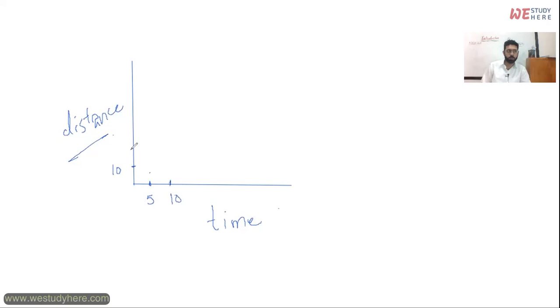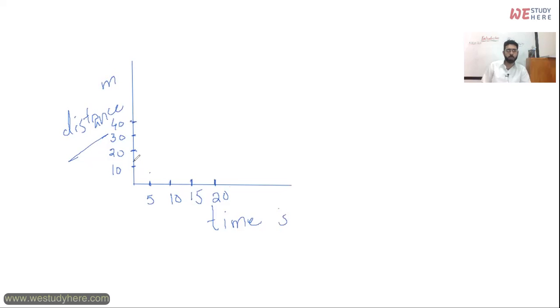The body covers 20 meter in the next 5 seconds. The body covers 30 meter in the next 5 seconds. The body covers 40 meter. So distance is in meter, time is in second.